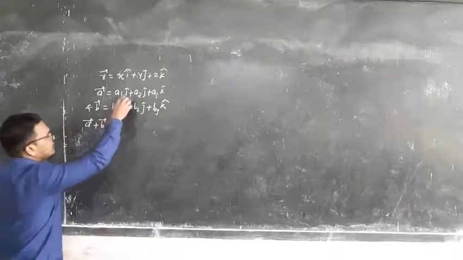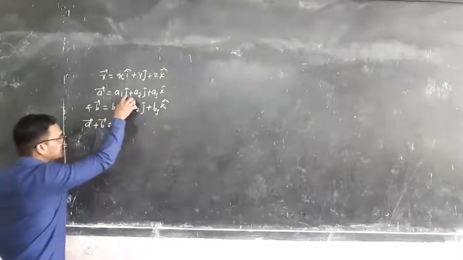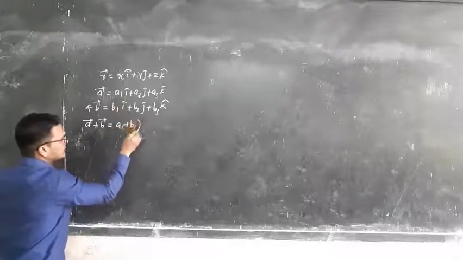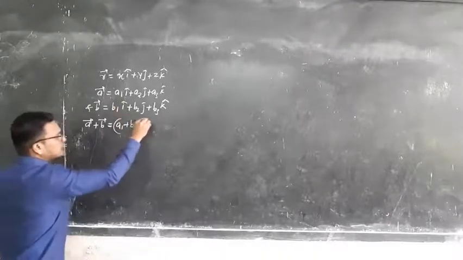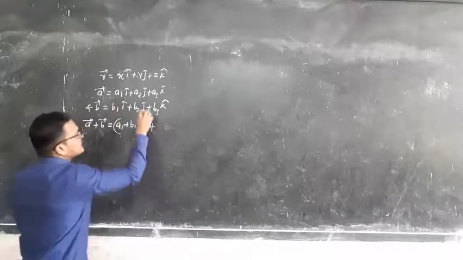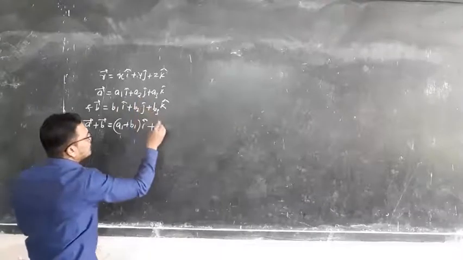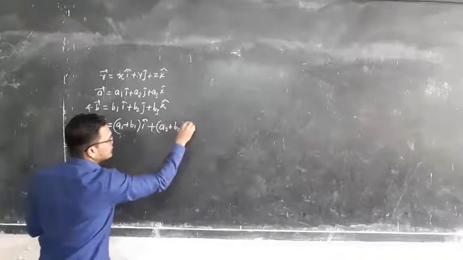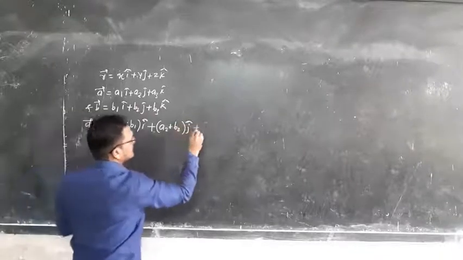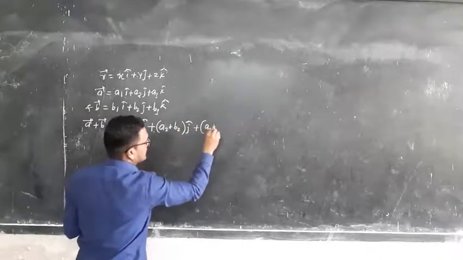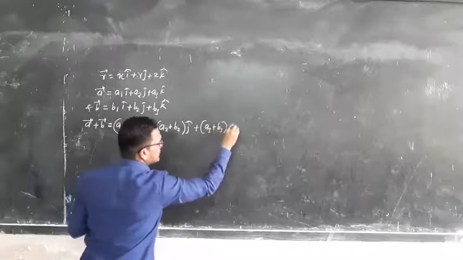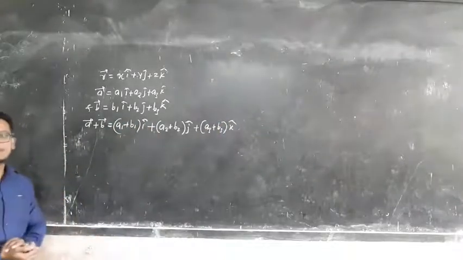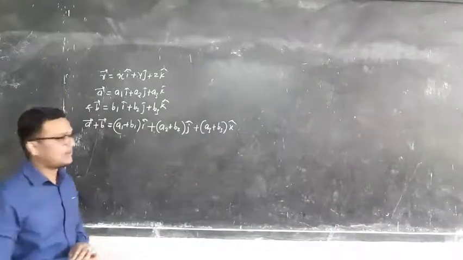Now here, first we have to add the coefficients of i, that is a1 plus b1 into i, plus the second corresponding component, which is j, that is a2 plus b2 into j, plus the third component, a3 plus b3 into k. Okay, this is the addition of two vectors in component form.